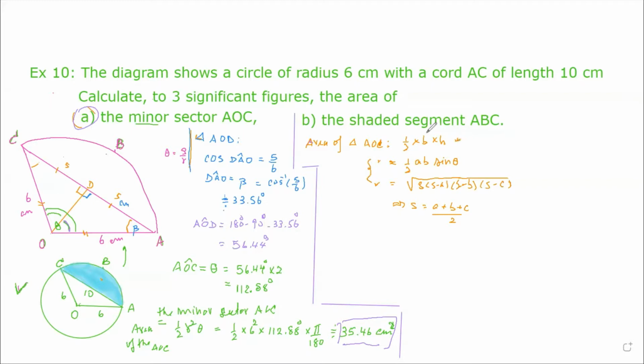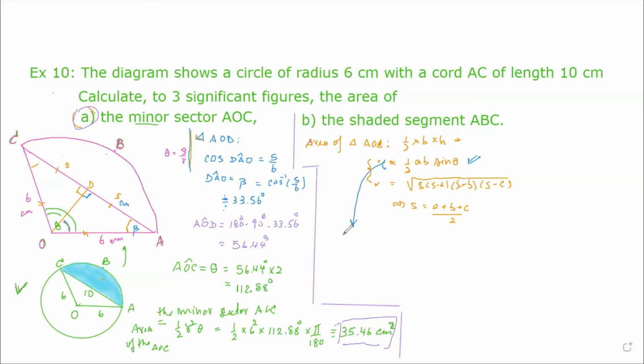For the first one, you have to find the height. I think the most convenient is the second one, 1/2 times AB times sine theta.